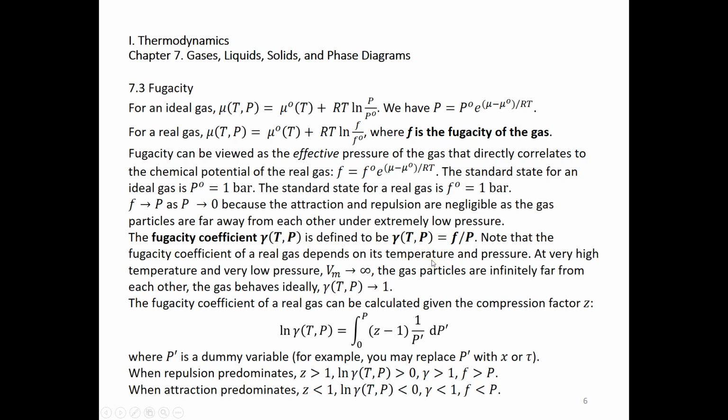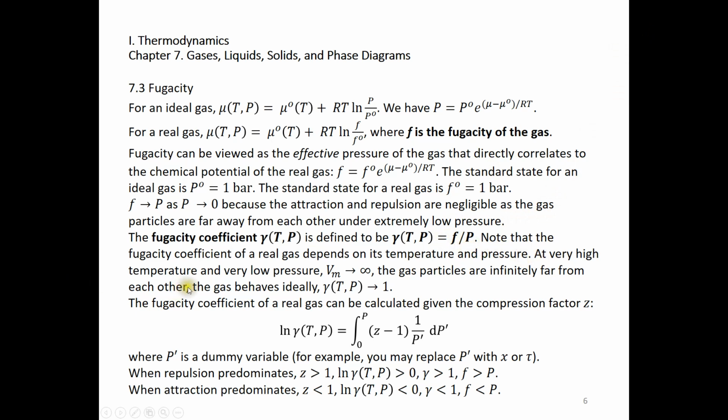Remember, when we have a shorter distance between those gas particles, we have greater attraction and greater repulsion. When the distance is longer, we have less attraction and less repulsion. They do not cancel, and that's why F is often different from P.